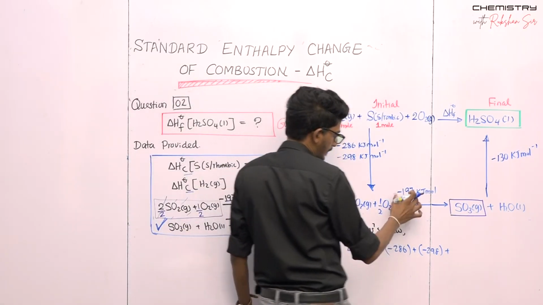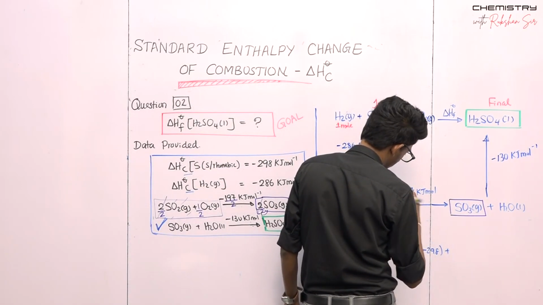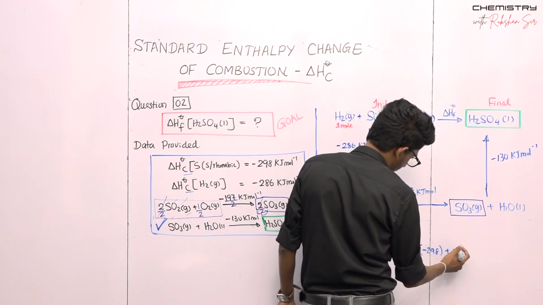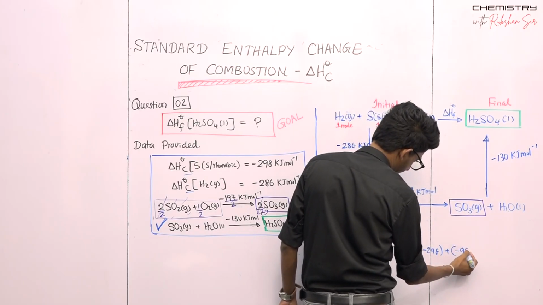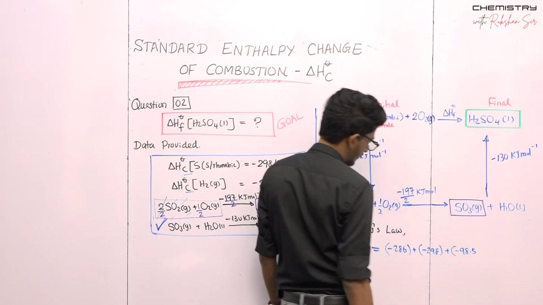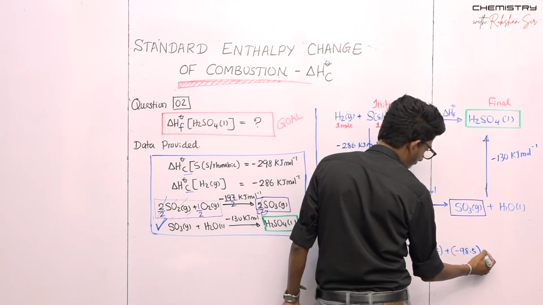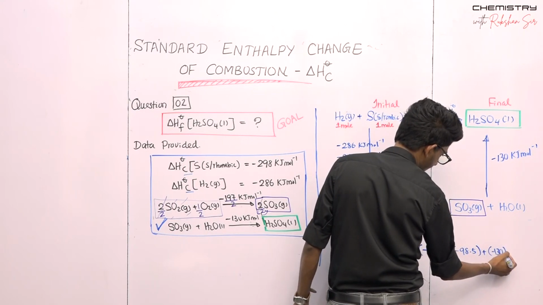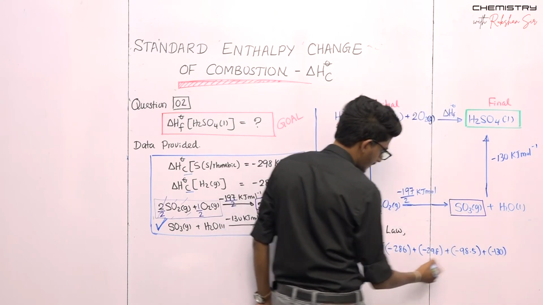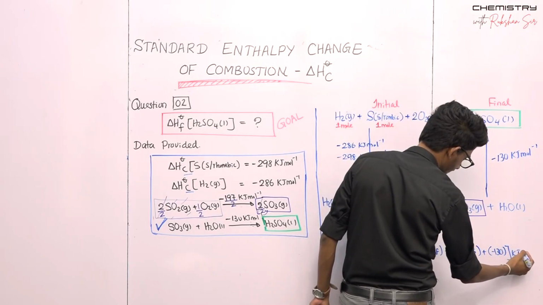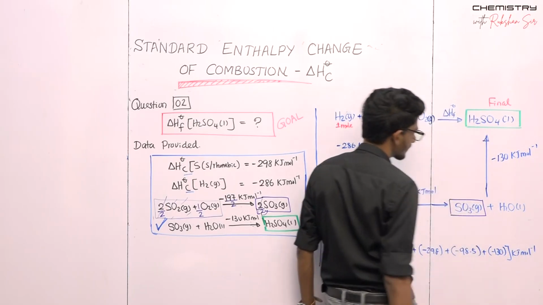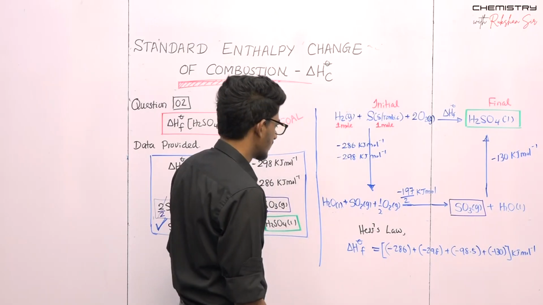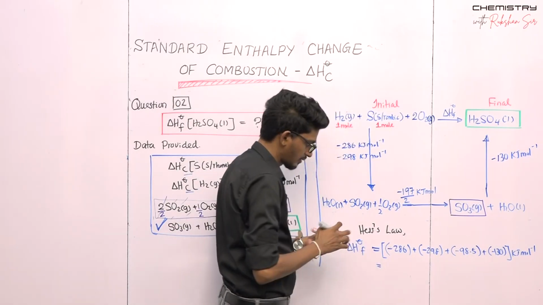So minus 197 divided by 2 is going to be 98.5, and this is also a minus value, right? Let's come up with the summation.